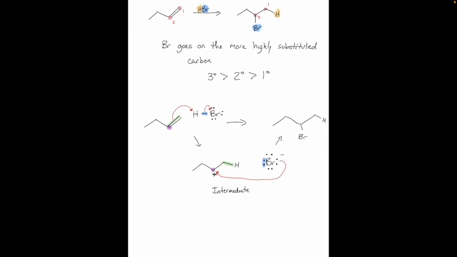So let's see an example of what I might ask you for this. I'm going to give you a substrate. I'll give you these reagents. And I can ask you 2 things. 1, draw the product.